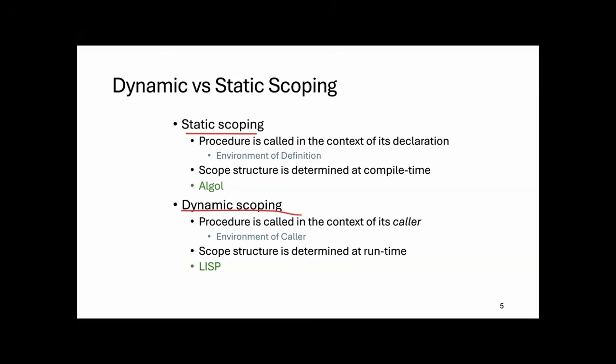In dynamic scoping, the procedure is going to be in the context of its caller. So whatever variables are declared within the context of its caller, it's basically going to use that. Let's call the environment of the caller, the caller, and the scope structure is determined during runtime, not during compile time, because it's going to change. And some languages that use dynamic scoping is Lisp, which we're going to talk about later.